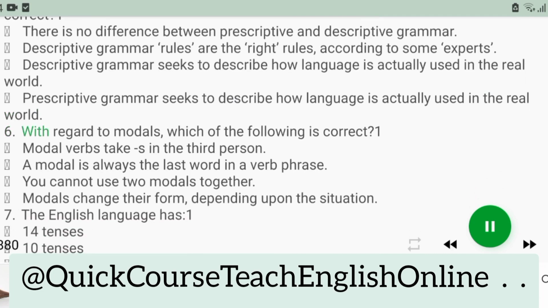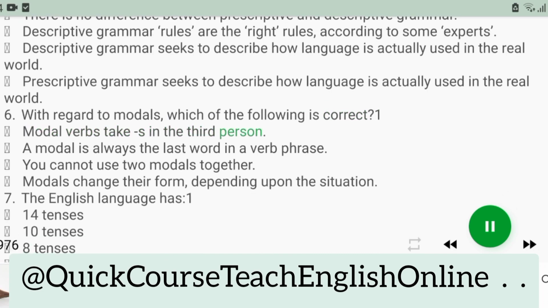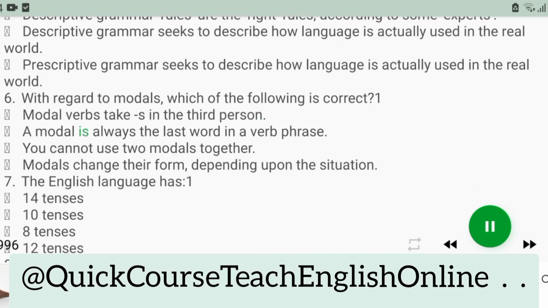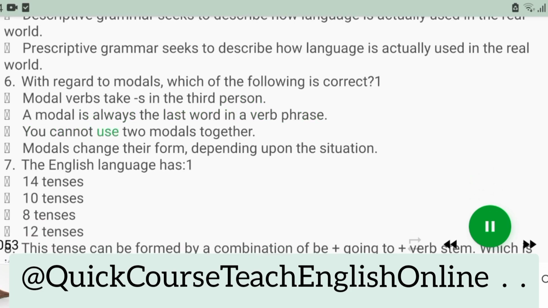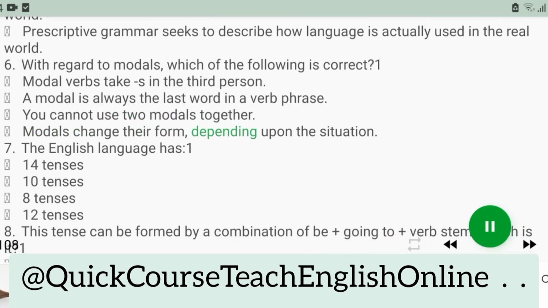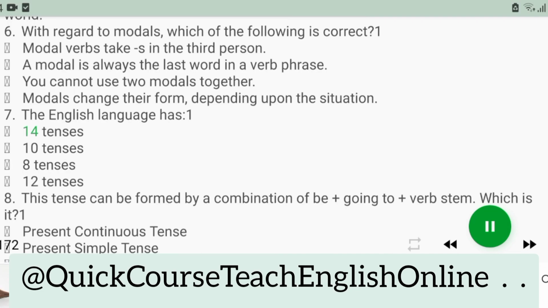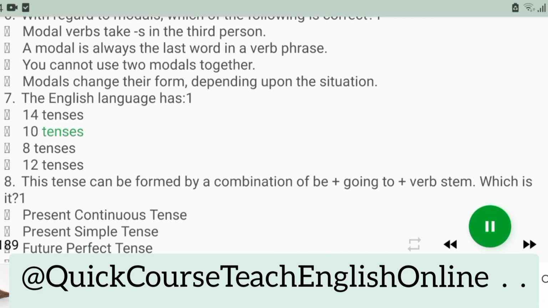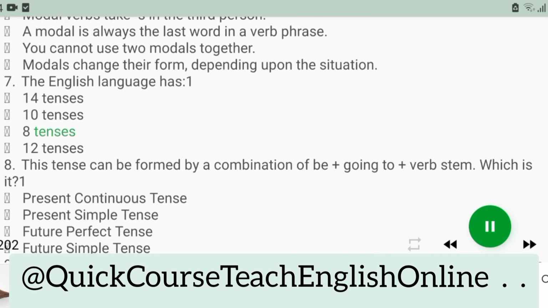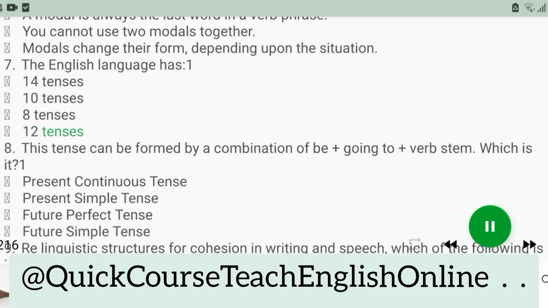6. With regard to modals, which of the following is correct? 1. Modal verbs take s in the third person. 2. A modal is always the last word in a verb phrase. 3. You cannot use two modals together. 4. Modals change their form, depending upon the situation. 7. The English language has: 1. 14 tenses, 2. 10 tenses, 3. 8 tenses, 4. 12 tenses. 8.